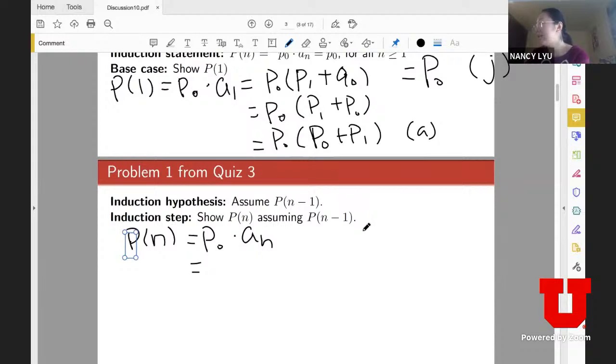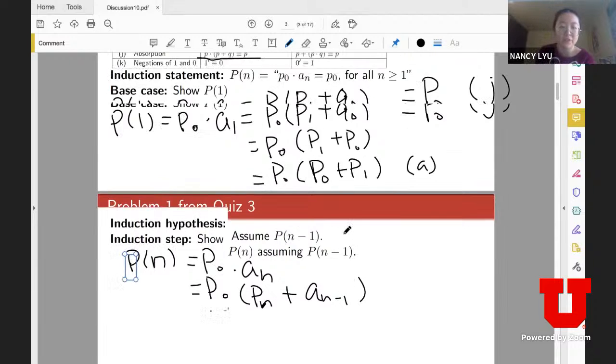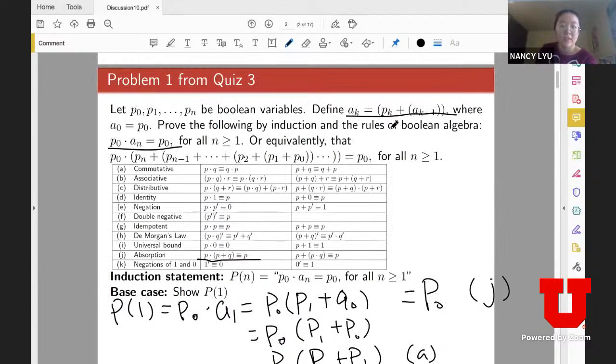And we substitute An is equal to Pn plus An minus 1 again, just from the definition of AK.